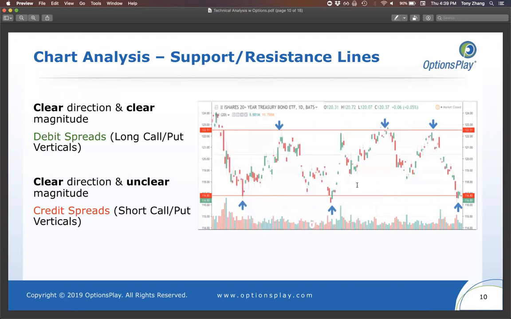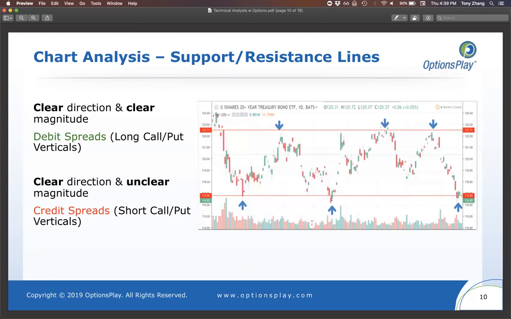And there are variations of support and resistance lines. I have on this chart a horizontal support and resistance line, but there are many variations of this. You can draw support lines on an angle. This is what we call trend lines. You can put envelopes, you can put channels. There's lots of different variations of this, but they're all based on the same methodology of identifying floors and ceilings.